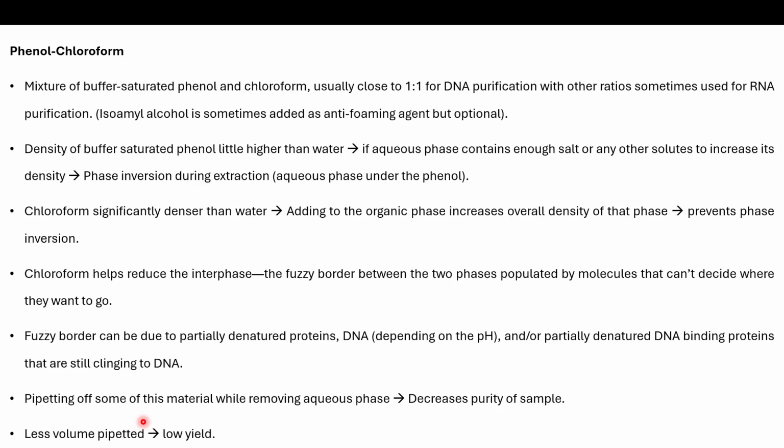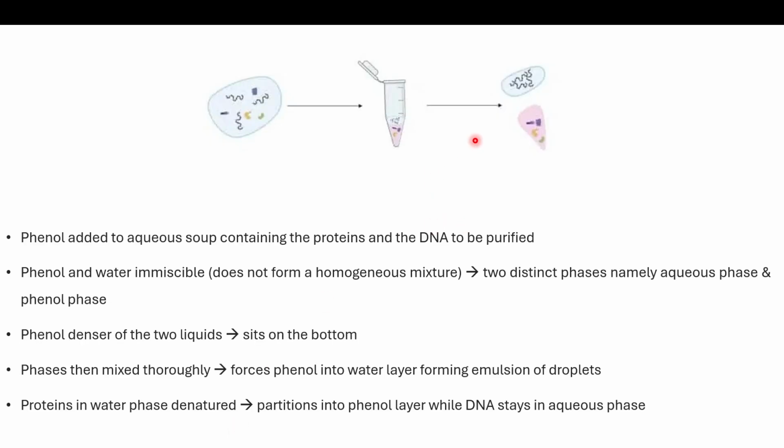Also it has to be slow, because if you take it out with force, it can also suck in the other liquids or the other phases as well. Now, see, this is the aqueous phase and this is the phenol phase. Suppose 10 microliters are pipetted out, and you could still take 50 microliters more, but you are letting it stay in there.